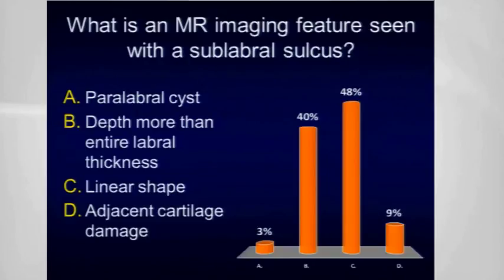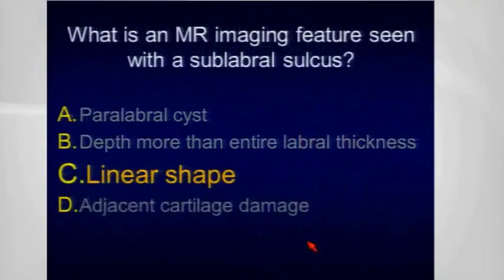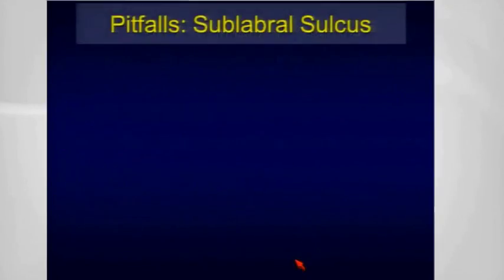All right, so it looks like B and C are winning, and the correct answer is C, linear shape, and we'll go through these as well. That'll make more sense. So typically they should be linear in shape.